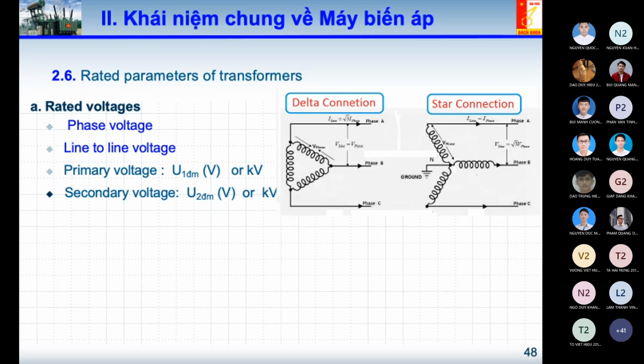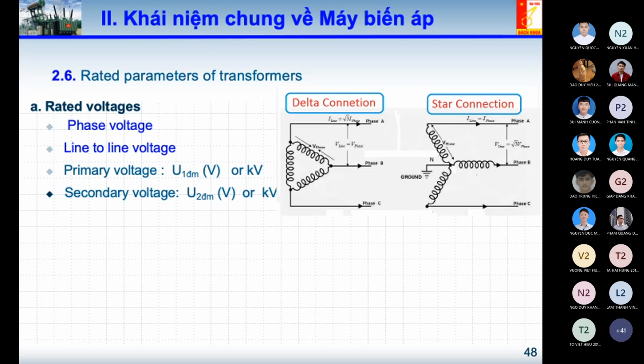If the power capacity of the transformer is very big, instead of using the unit volt, we can use kilovolt. It's nothing special. In the same way for the secondary winding, the voltage can be denoted in volt or kilovolt.